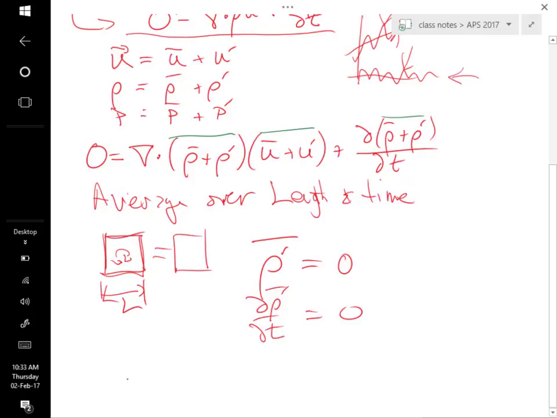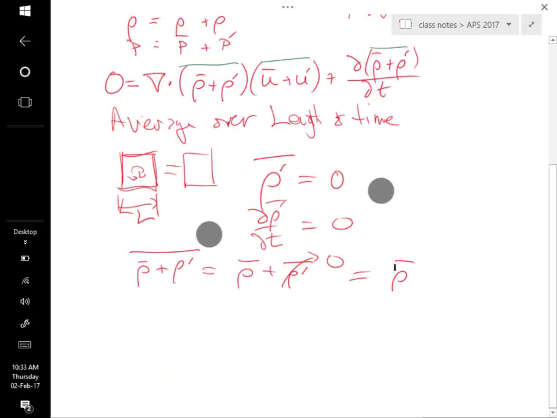And so if we take the sum of the average density and the perturbed density, that will equal just the average density plus the average of the perturbed density, and this is equal to 0.